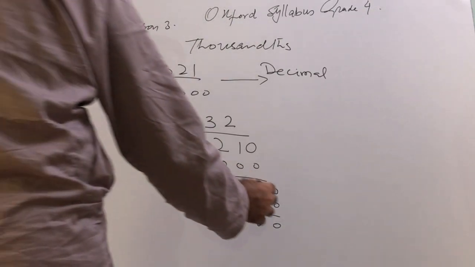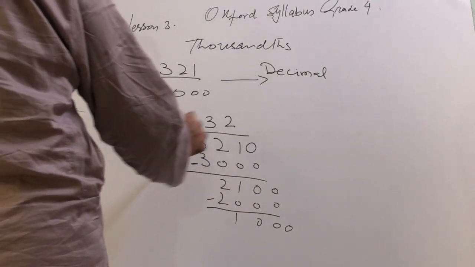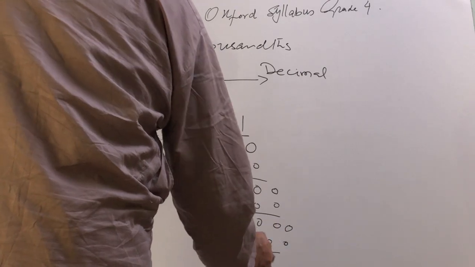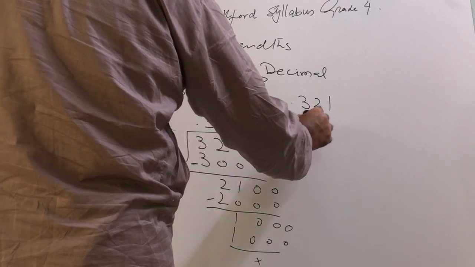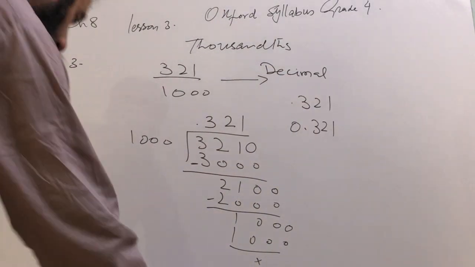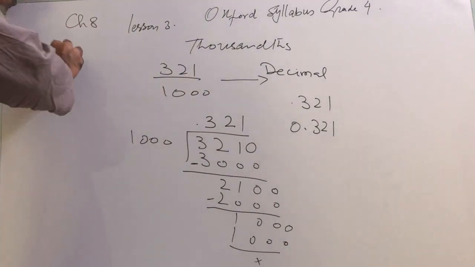We cannot divide. Put 0 here. Nothing will happen here. Just multiply this. 1000 ones are 1000. Remainder is 0. So the answer is 0.321. Both are the same. So this was page number 164.